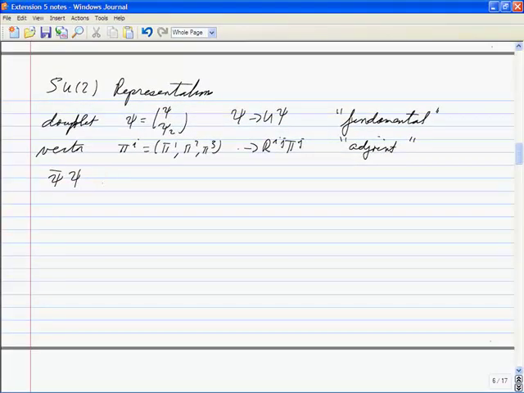Psi bar psi is the singlet. Psi bar tau_i psi is a vector.